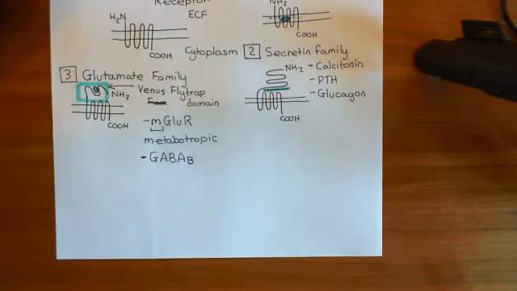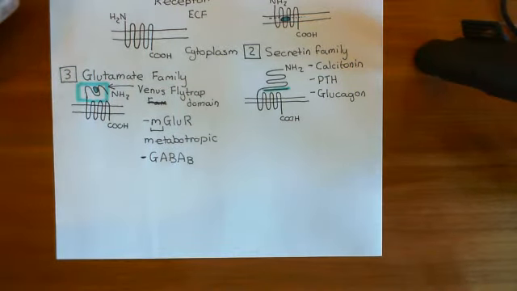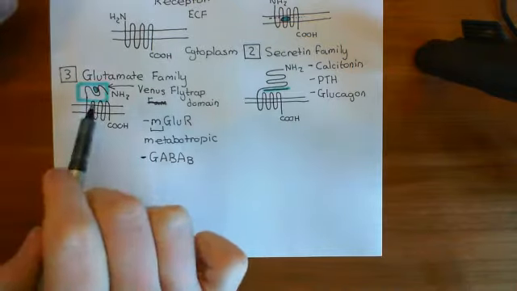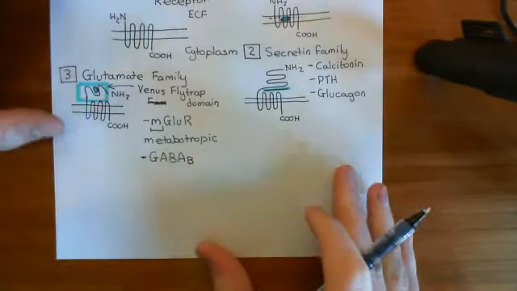They are instead ligand-gated ion channels, this time of the cis-loop ligand-gated ion channel family, and those allow chloride anions to enter the cell and hence hyperpolarize the cell membrane and make it less likely to fire an action potential. Those are the GABA A receptors. There is, however, this second family of GABA receptors called the GABA B receptors, which are G protein coupled receptors, and they too are in this family of glutamate family G protein coupled receptors.